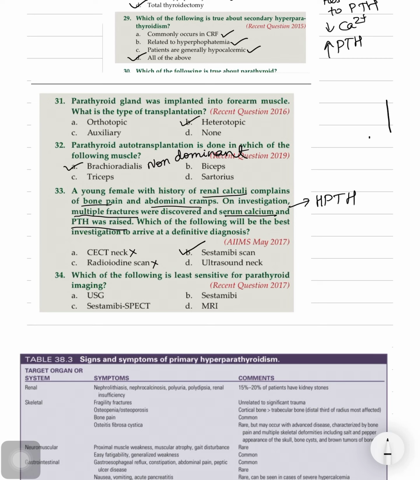Which of the following is the least sensitive for parathyroid imaging? All of these are used for parathyroid imaging, but the least sensitive is MRI.